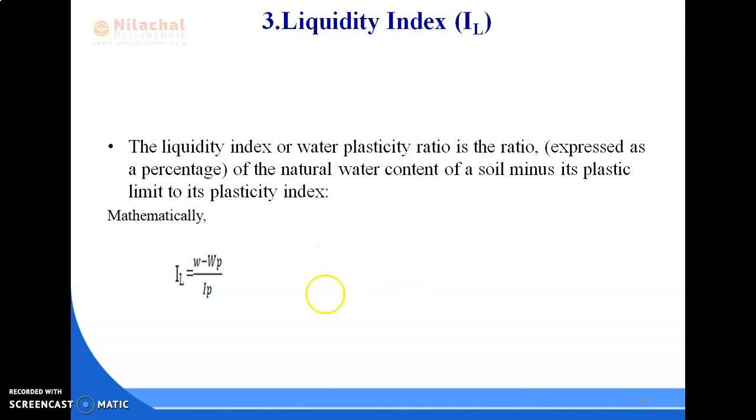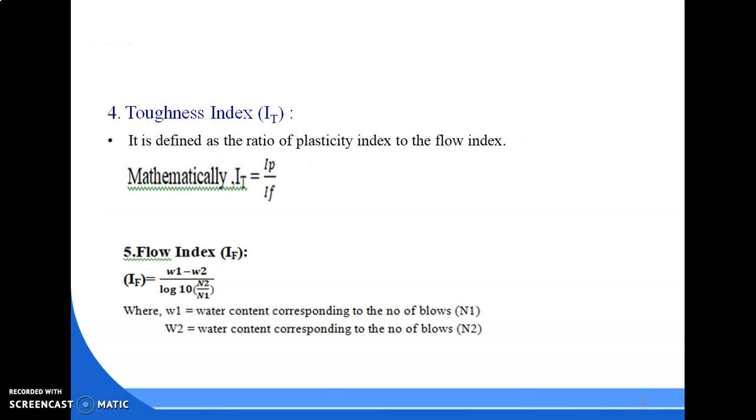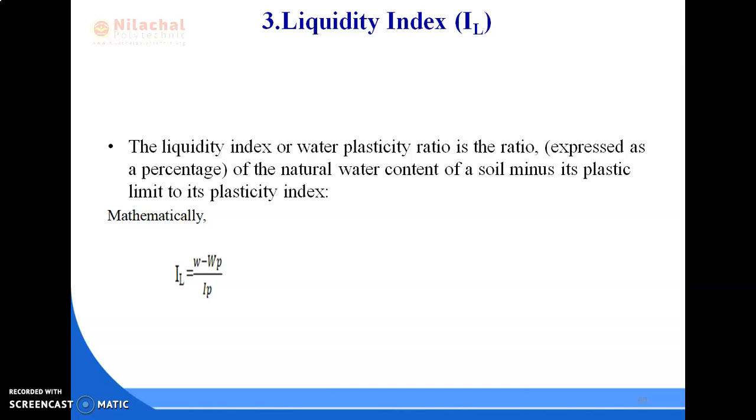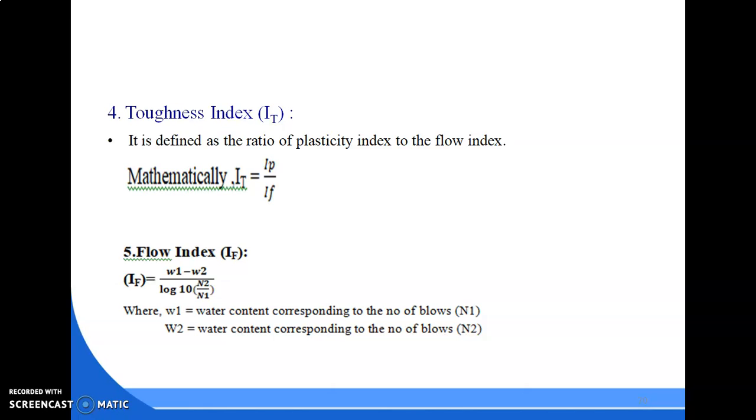So mathematically it is shown here, IL equal to W minus WP by IP. That means natural water content minus plastic limit divided by plasticity index. So this is the definition of liquidity index.